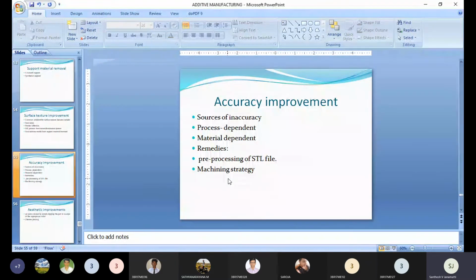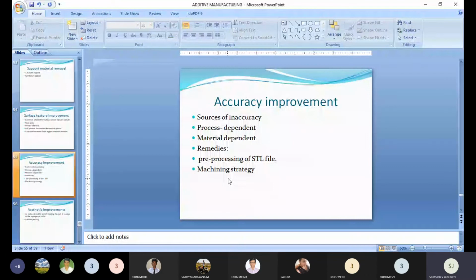See, dear students, what happens? Sometimes we are helpless. We are in a hurry. We have a number of products we need to produce. In those cases, we are producing the components, and those produced components may have some inaccuracy in the 3D component. There will be allowances.